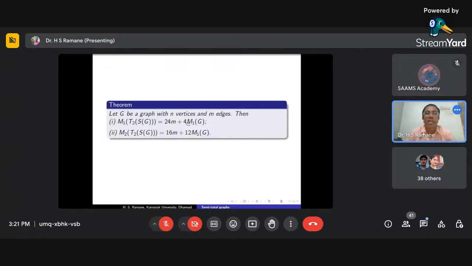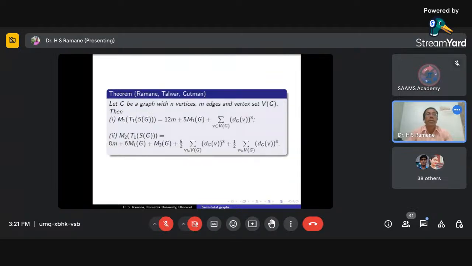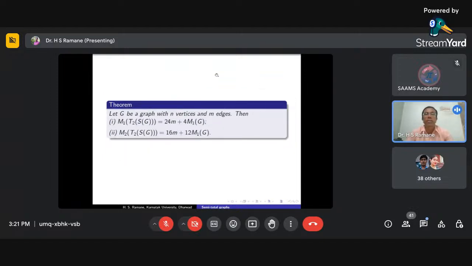It is a very linear relation: 24m plus 4 M1(G), and the second Zagreb index of the semi-total point graph of SG is 16m plus 12 M1(G). Here the expression is not that simple for the other, but directly in terms of M1 only, we can get the Zagreb indices of the semi-total point graph of the subdivision graph.